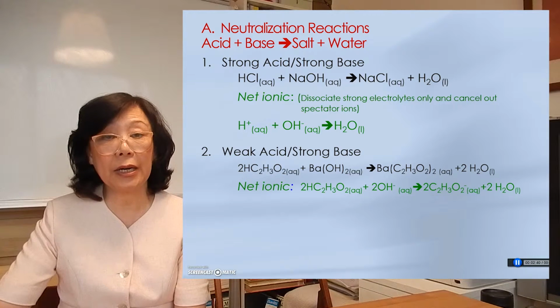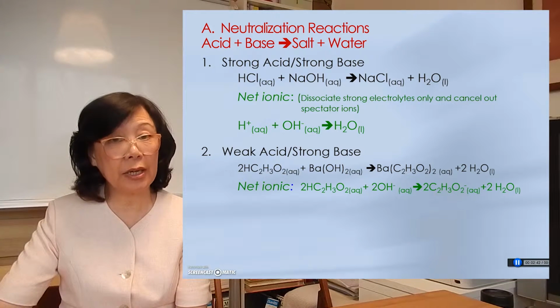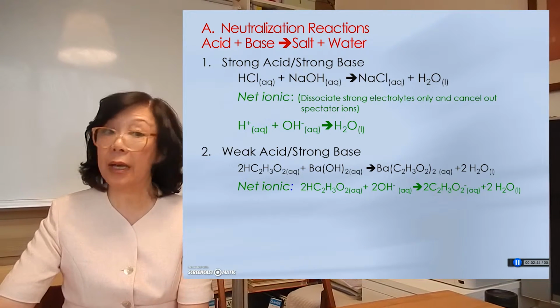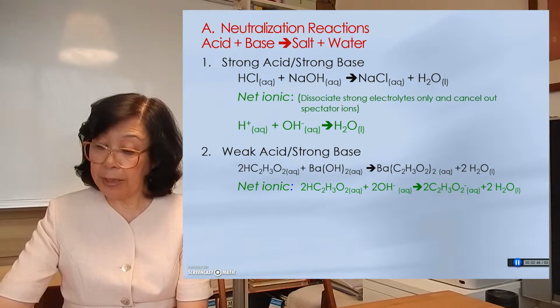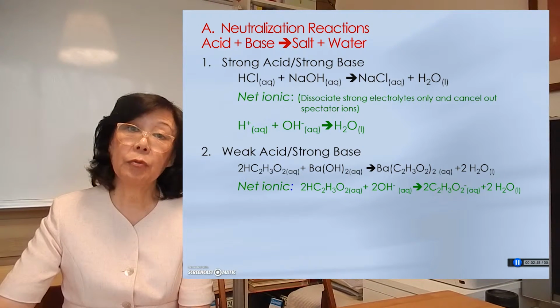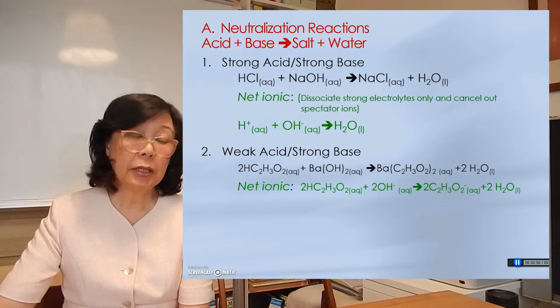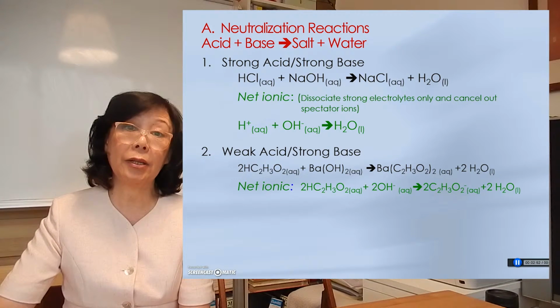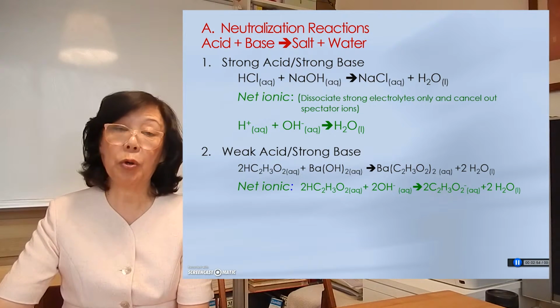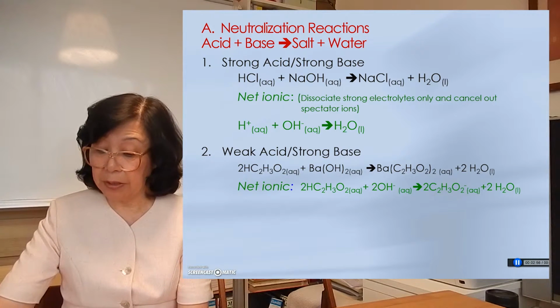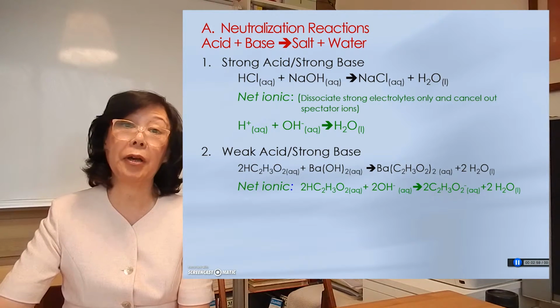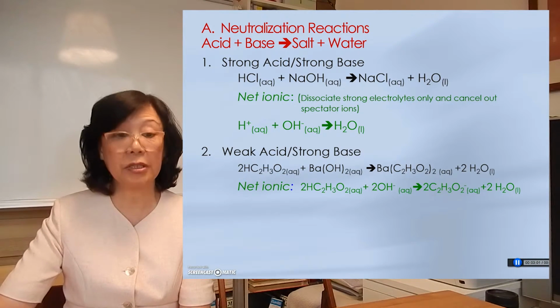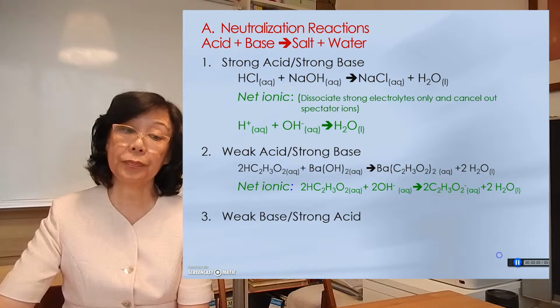However, we do ionize the strong base barium hydroxide. So we write the barium ion and the 2 hydroxide ion. Regarding the barium acetate, which is soluble compound, ionic, we separate into barium ion and 2 acetate ion. And the water remains intact as a molecule. So now we cancel out the barium ion, the spectator ion, and you have this net ionic equation.